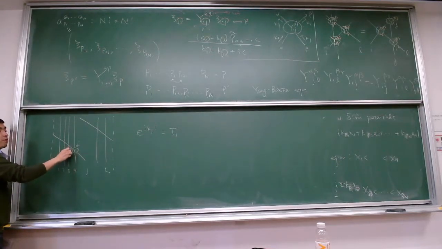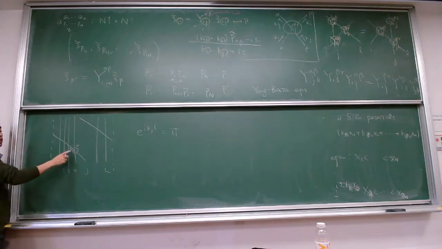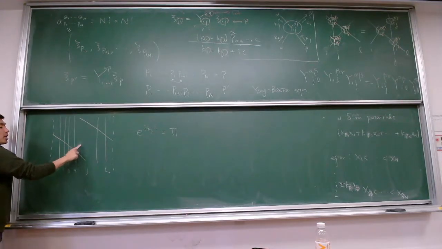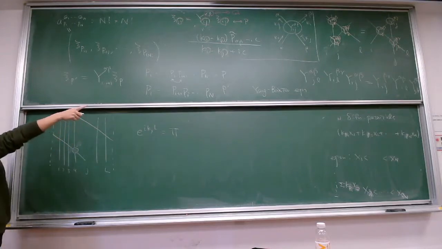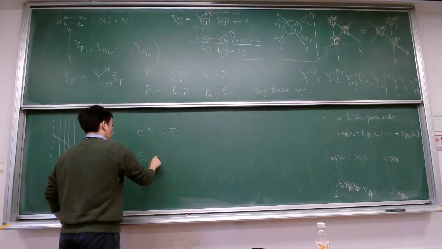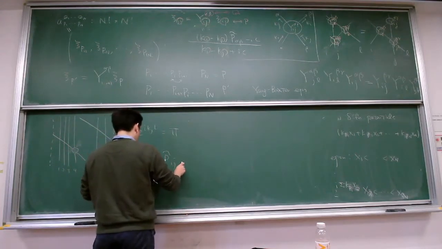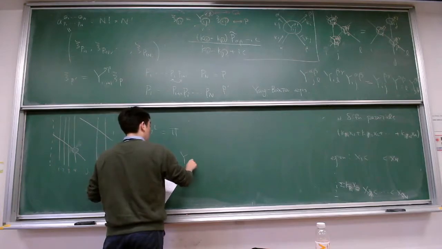So to do the same game in the bosonic case, in addition to this matrix Y, you need to swap the particles. So the scattering matrix S is not the same as Y. What you need is S_ij equal to P̃_ij times Y_ij.